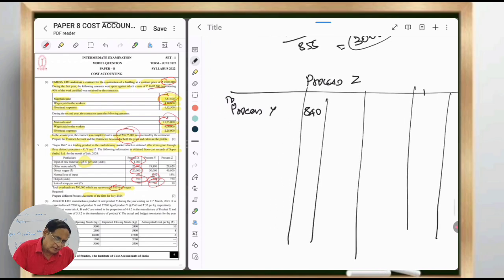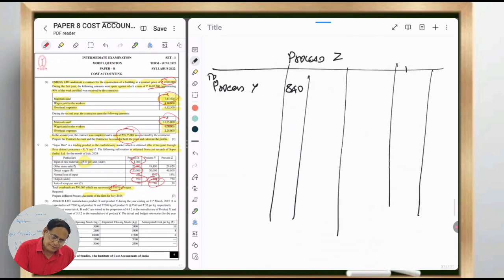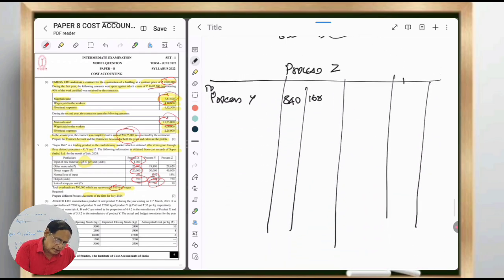The value is how much? 1,68,000. So other materials, as per the question, that is 29,620, and then direct wages, how much? That is 40,000. So other overheads the same, 100% of direct wages, that is 40,000.